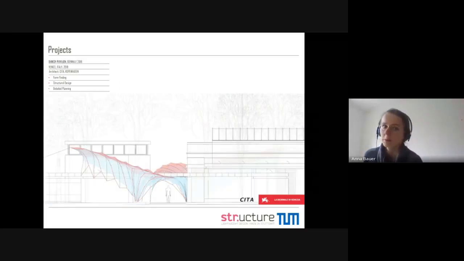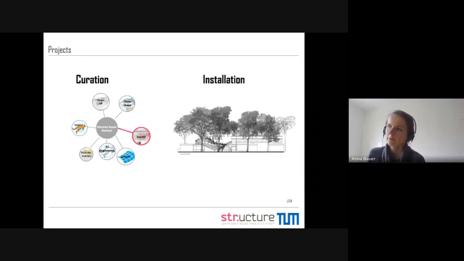And then a bigger project was, we were part of the Danish pavilion, our structure was part of the Danish pavilion of CITE and at the Biennale in 2018. So Kiwi was one part of the design process, and it was used for a more accurate analysis of the design ideas, but like a faster analysis than this extensive one with Sophistic, where you also have all the design criteria and design codes which are not implemented in Kiwi yet.